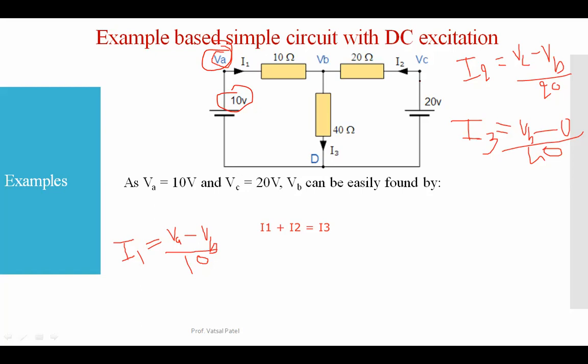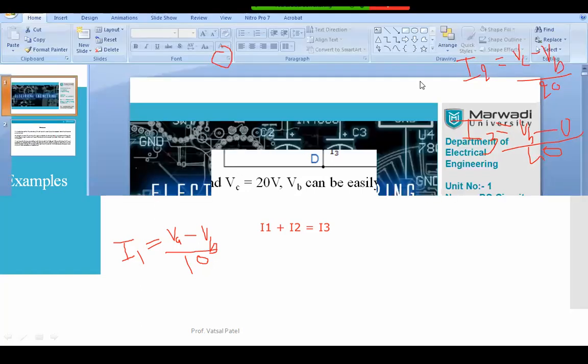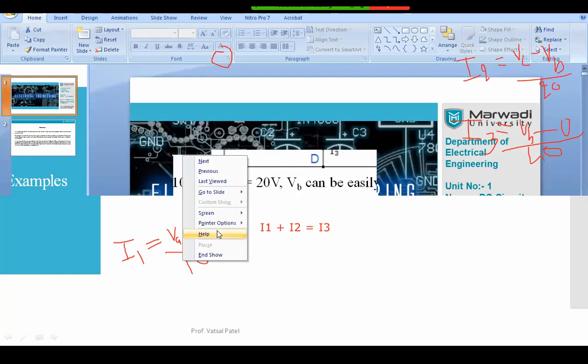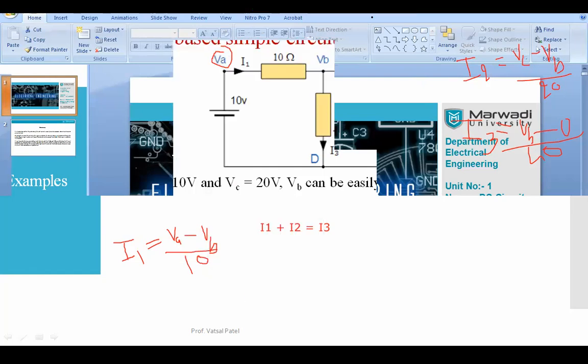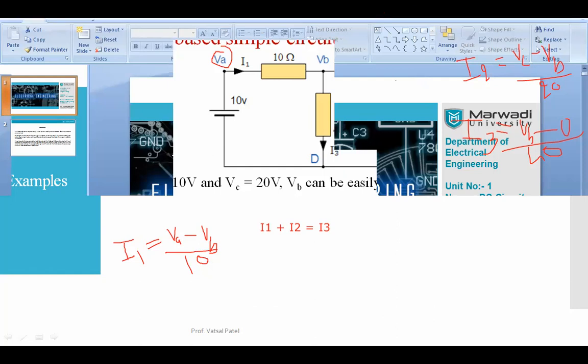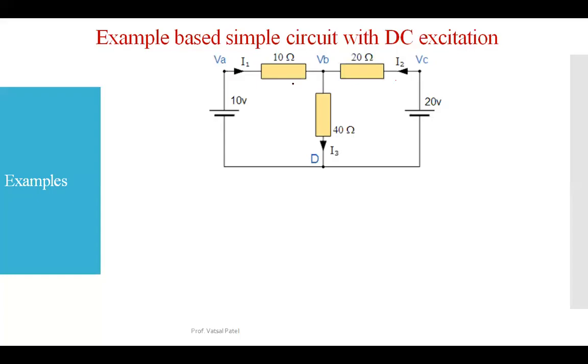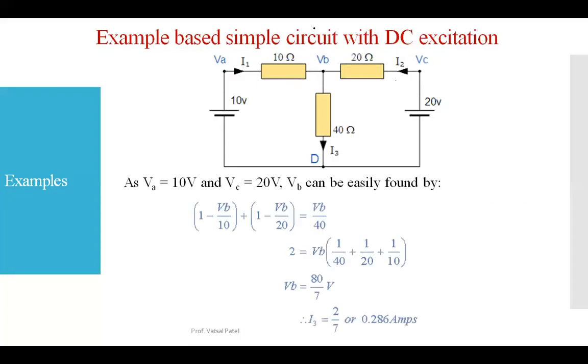So after putting the value of VA and VC, if we rearrange this equation, we can get the value of VB.